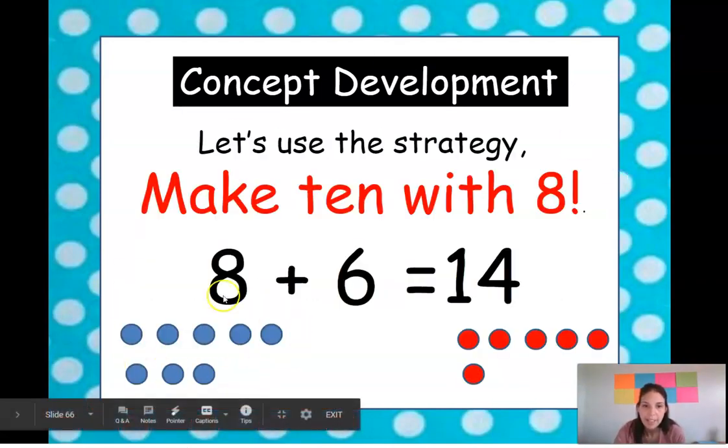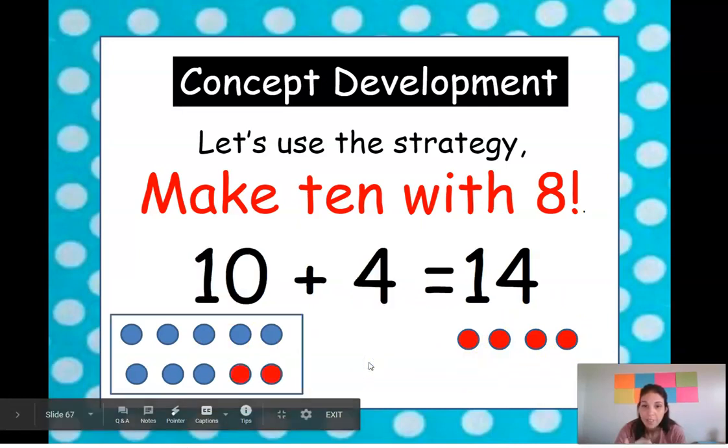Look at that. We have 8. 1, 2, 3, 4, 5, 6, 7, 8. Is this how your 8 looks? And we have 6. 1, 2, 3, 4, 5, 6. Is that how yours looks? Just like this? And then we brought 2 over to fill out our 10 frame, okay? So we want to get 10, so we need 2 more.